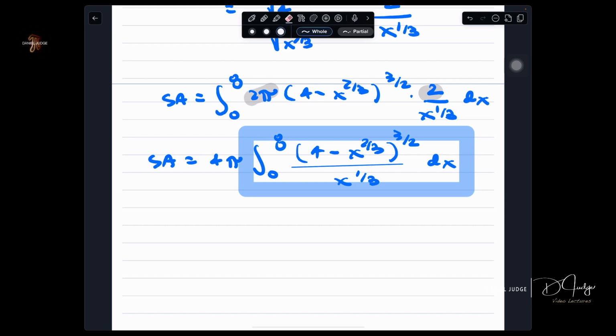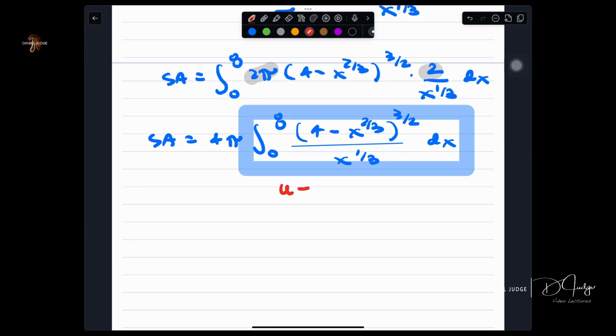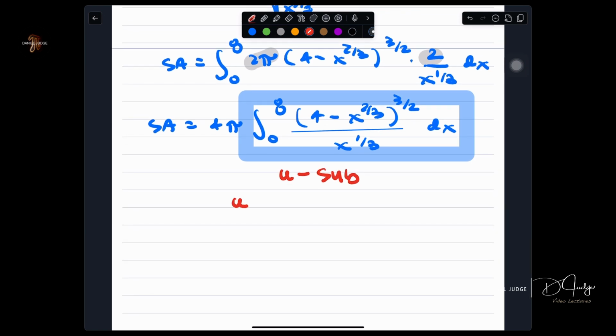Let's get this iPad working here. We're going to use u substitution here. This is how we're going to integrate, where u is going to be 4 minus x to the 2/3 power, which means du will be the derivative of this.